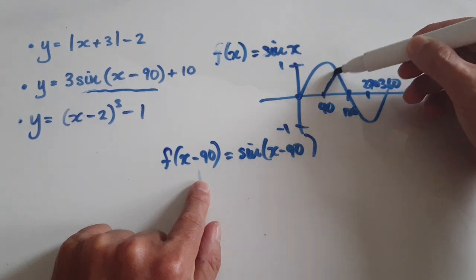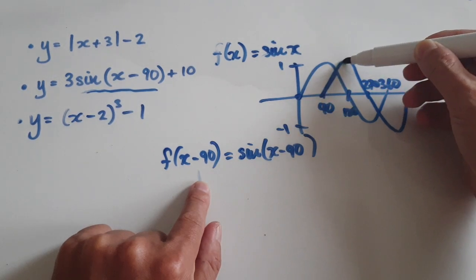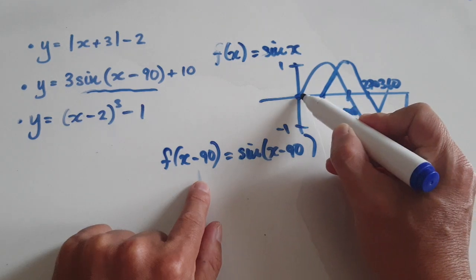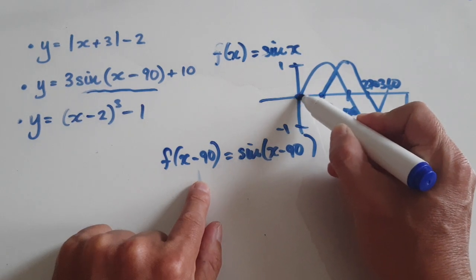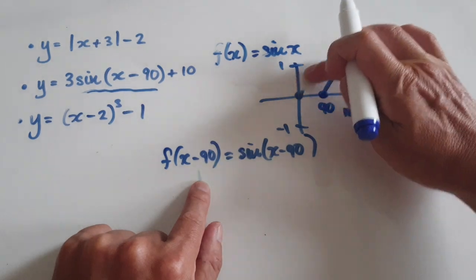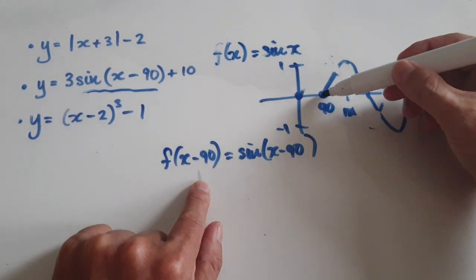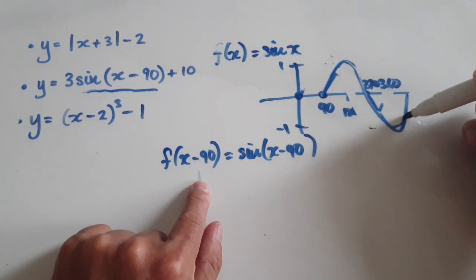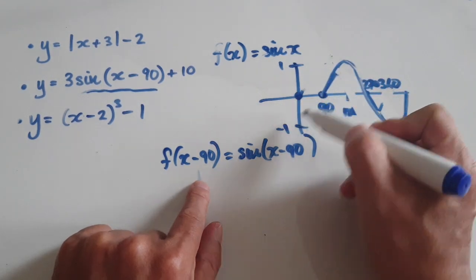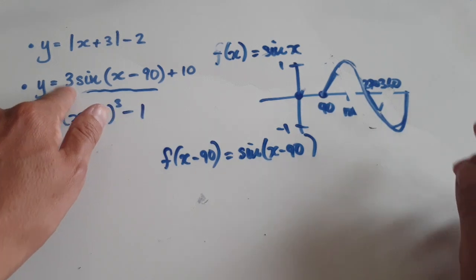Let me think. So now you move it across by 90 to the right. So now this reference point here will then move to over here. So our graph will now look like this. Hang on. So that's our current graph being moved across by 90, and we need to have that 3 there.